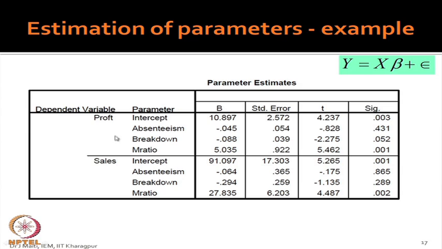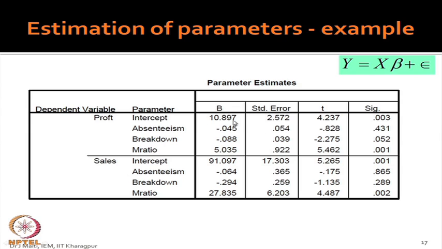Now, see the profit intercept: 10.897, and its standard error, using that X transpose X inverse, that C jj, the same formulation, is 2.572. And what will be the T value? The T value, under the null hypothesis being true, that means H0: beta kj equal to 0, is the estimate divided by the standard error.